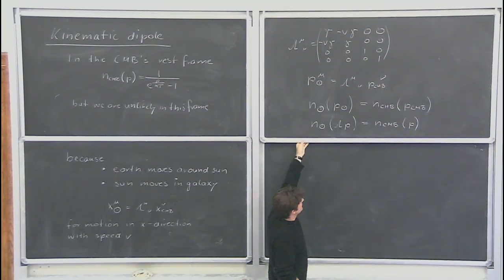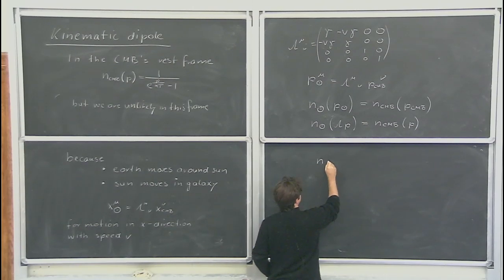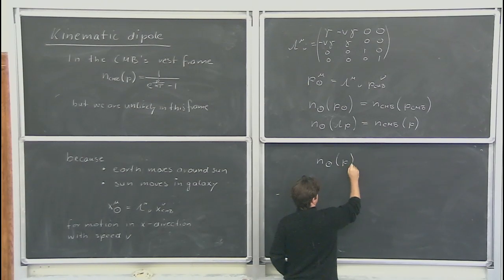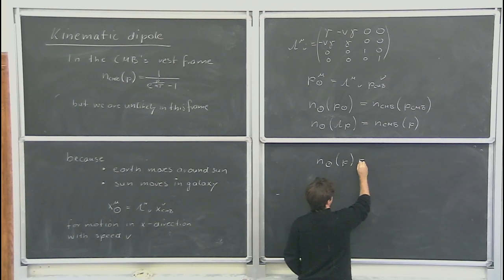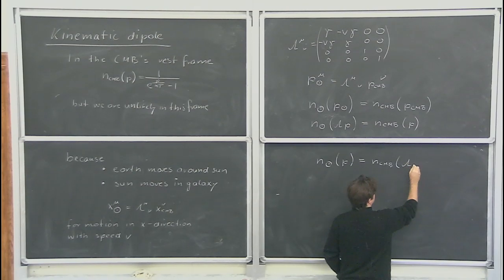And what's even more helpful for us, because we're trying to understand the occupation number for our labels, is that we can write the occupation number in the solar system, or in our frame, the frame of the satellite, as a function of p, as the occupation number in the CMB frame as a function of Λ inverse p.